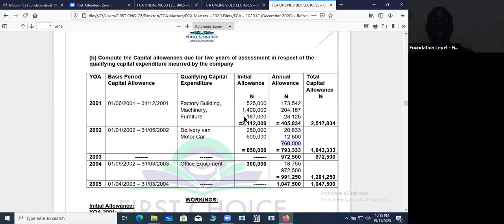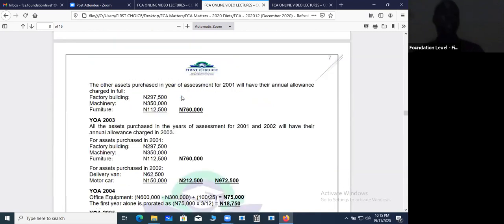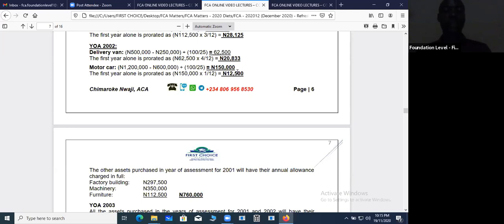Now, what is this 760 all about? This has to do with assets that were acquired in 2001. So look at how it is being done. After calculating the second year, the 2002, this is the delivery van we just calculated. This is the motor vehicle we just calculated.